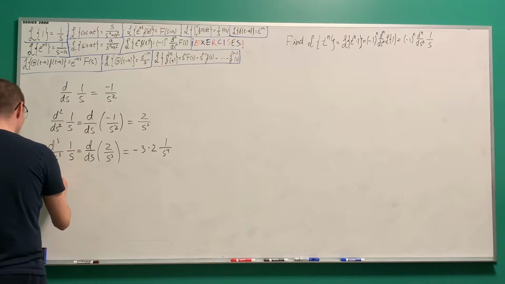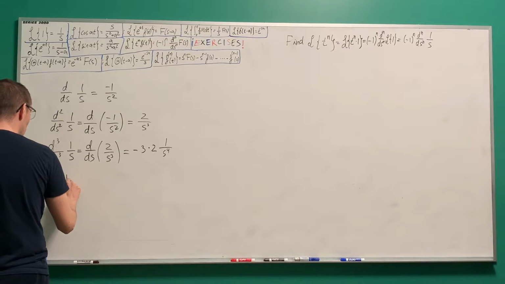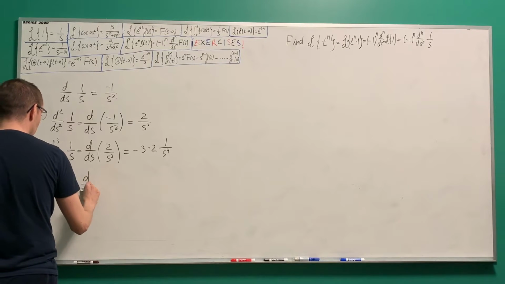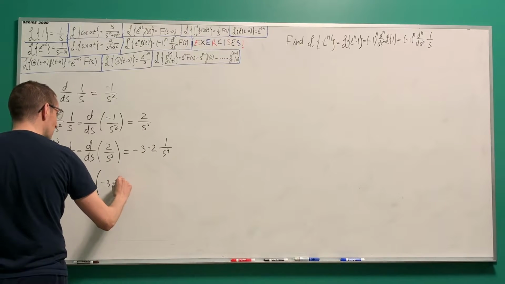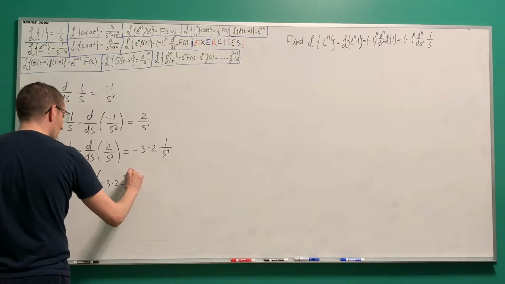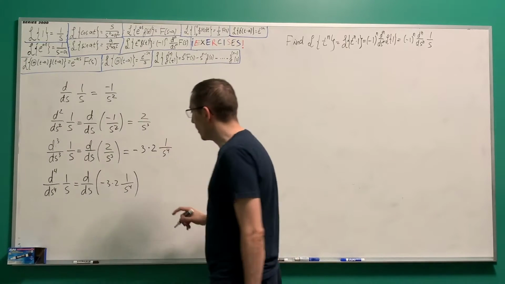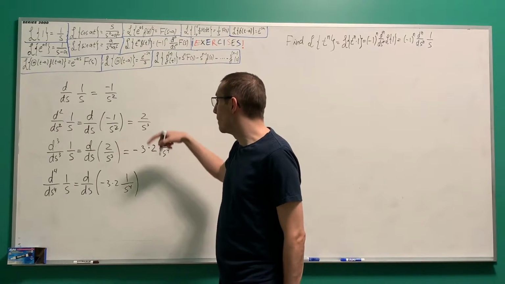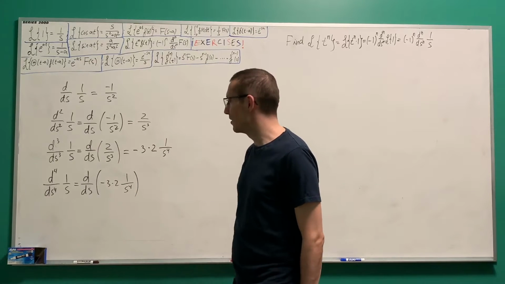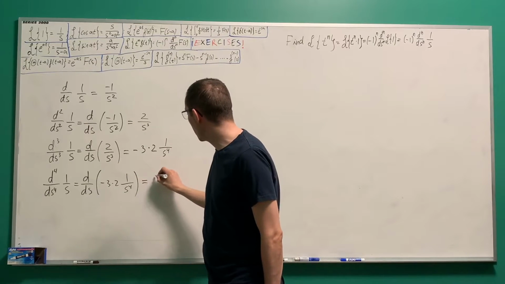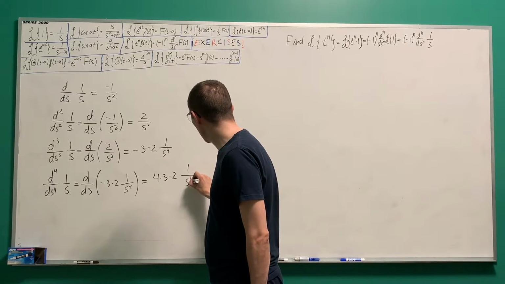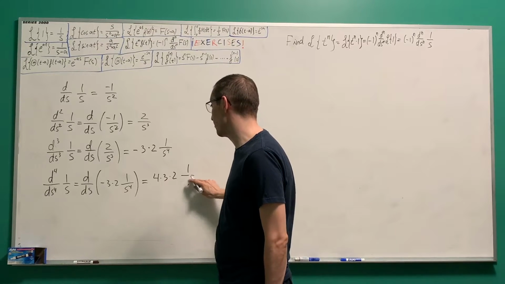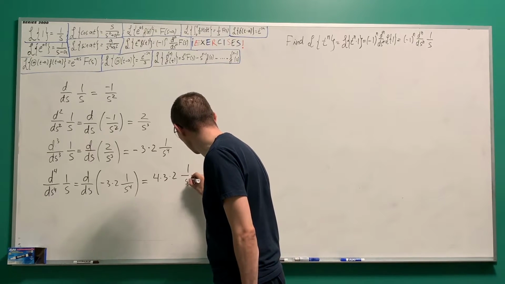Let's see. This thing is the fourth derivative of 1 over s, it is the derivative with respect to s of this thing, minus 3 times 2, 1 over s to the 4. The 1 over s to the 4 gives me minus 4, 1 over s to the 5. The minus and the minus cancels, and I get 4 times 3 times 2, 1 over s to the 5. You know how s and 5 conspire against my handwriting.